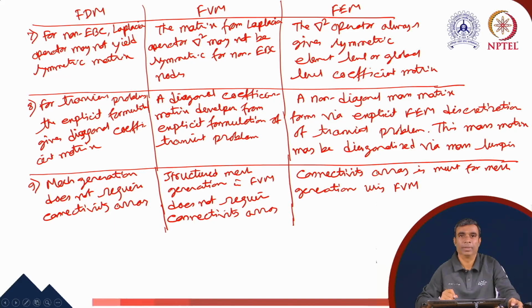So these are some basic differences or some similarities among these three methods. There are certainly many more points. So now we discuss the fundamental differences in the finite volume and finite element technique with respect to the Poisson equation in 2 dimensions.